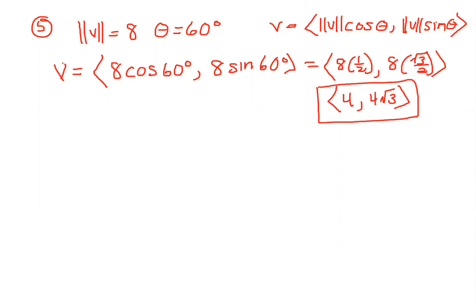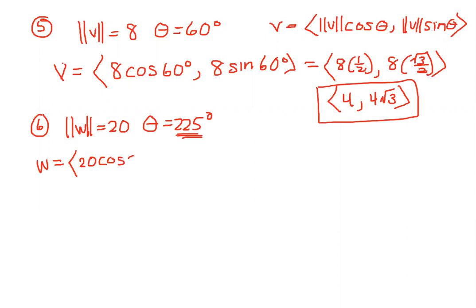Okay, number 6. We're given that the magnitude is 20 and our angle is 225. Again, this is on your unit circle. So w is going to equal 20 cosine of 225, 20 sine of 225, and you're going to look on your unit circle and find what that is.